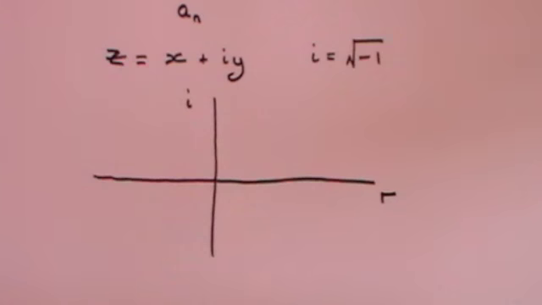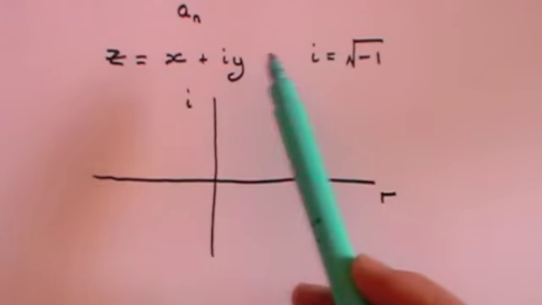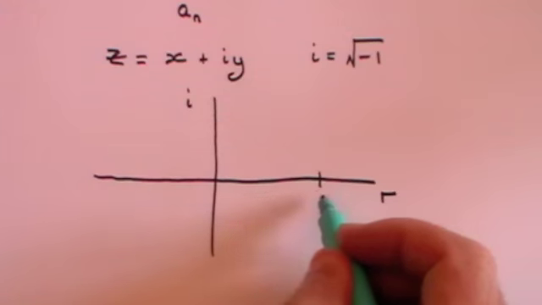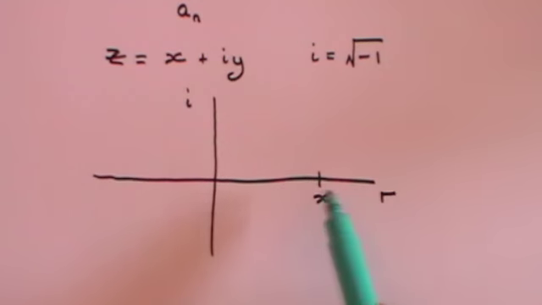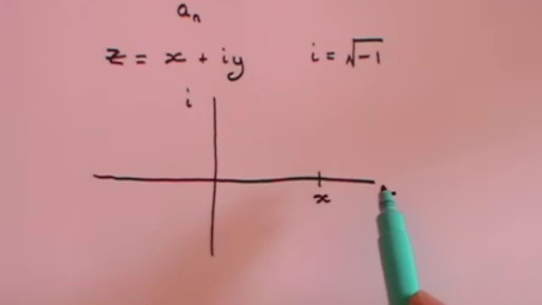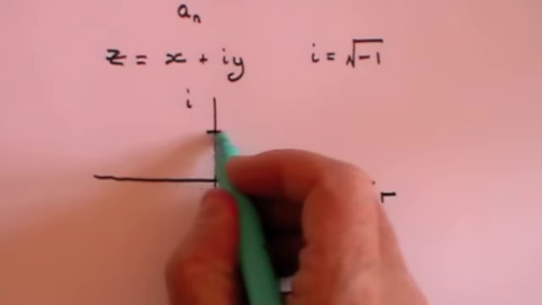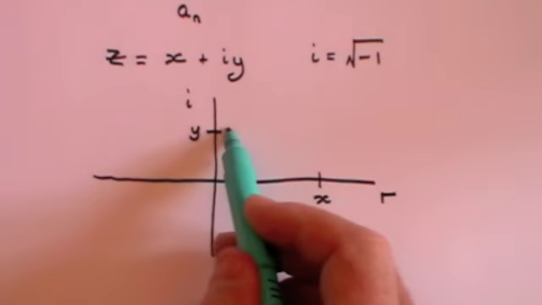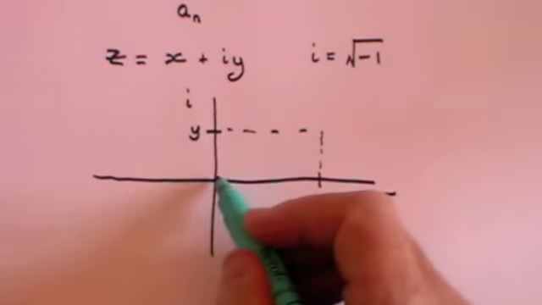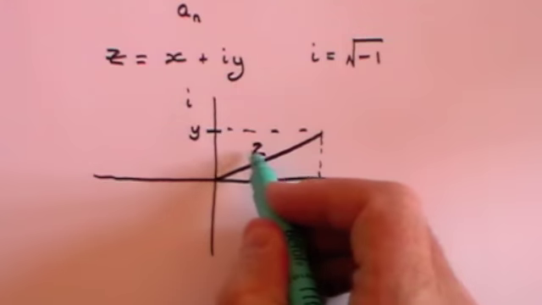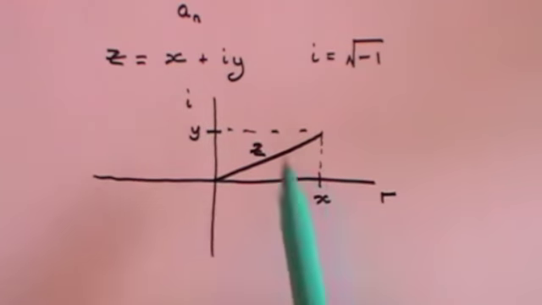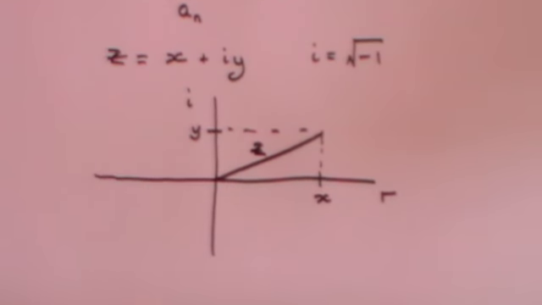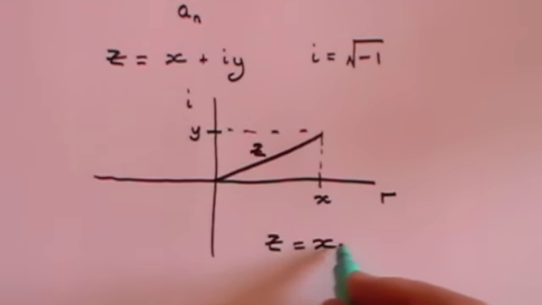So if we have a vector that is x plus iy, that means that we show x, which is the real number on the real axis, and we show y, which is the value of the imaginary number on the imaginary axis, and that means that the actual vector itself, z, will equal x plus iy. That's the way we represent it. So z equals x plus iy.